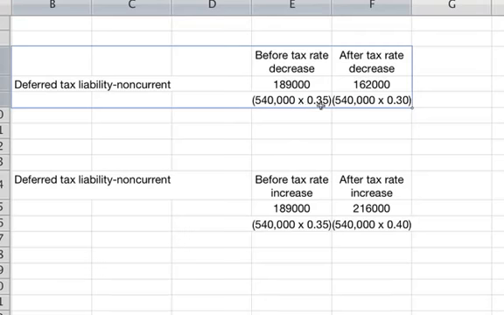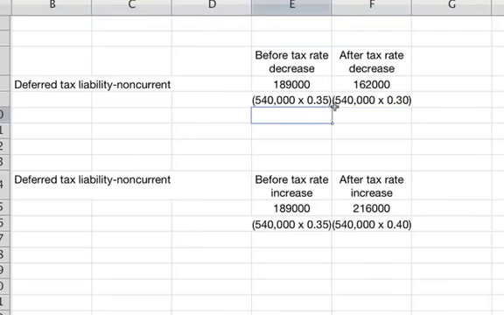We times that by the tax rate that was 35%, and that's 189,000. The tax rate was decreased to 30% right here, and so you have 540,000 times 30%, and that lowers it to 162,000.